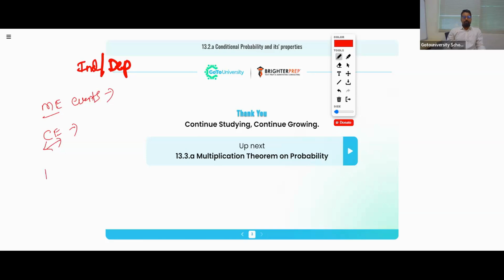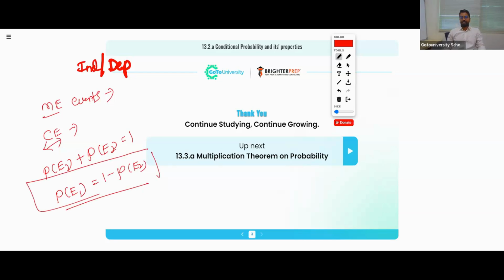If two events are collectively exhaustive and mutually exclusive, the sum of their probabilities will be equal to 1. Meaning, you can use it as a shortcut: if I want to find the probability of one event, I can subtract the other from the total of 1, only if they are mutually exclusive and collectively exhaustive.